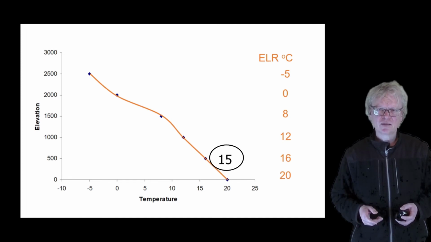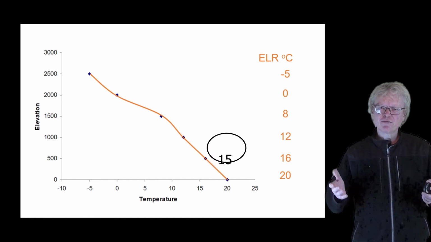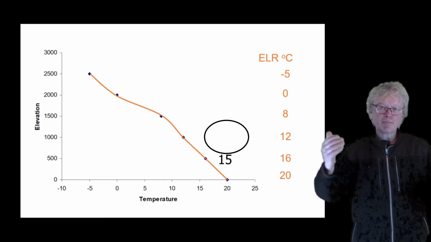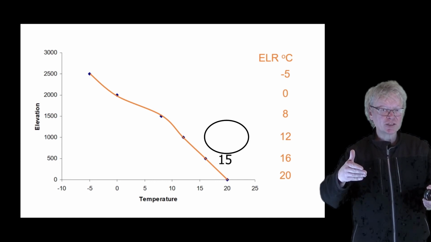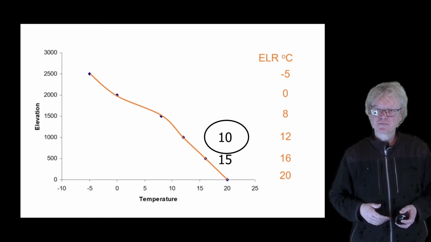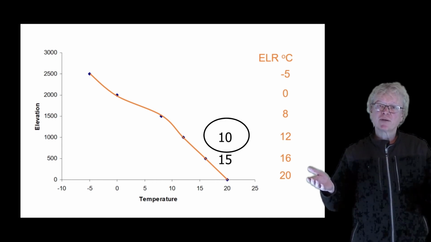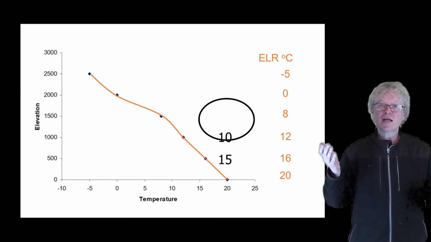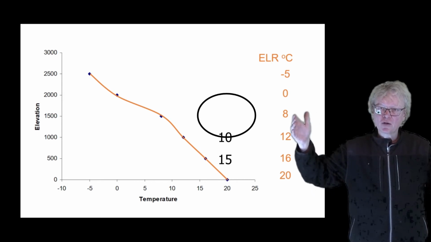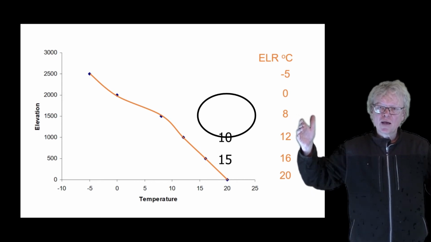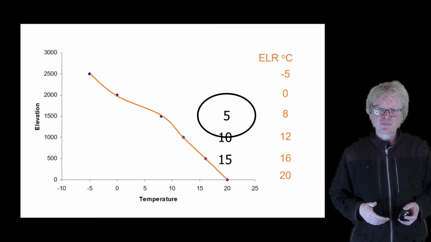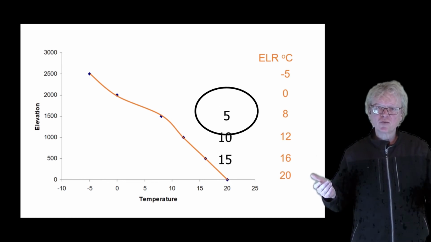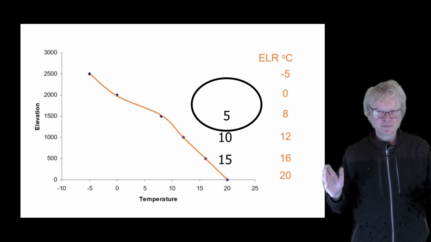What's going on here? It rises a bit further, gets to 1,000 meters, it expands a bit more, and by that ideal gas equation, it's now 10 degrees. It rises a bit further and gets up to 1,500 meters, it expands a little more, and it's at 5 degrees.